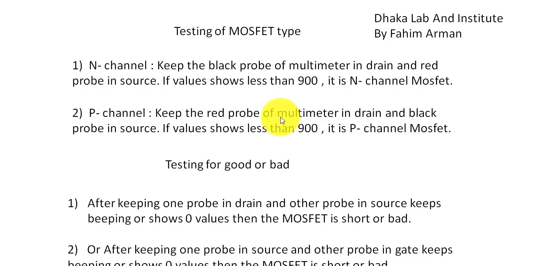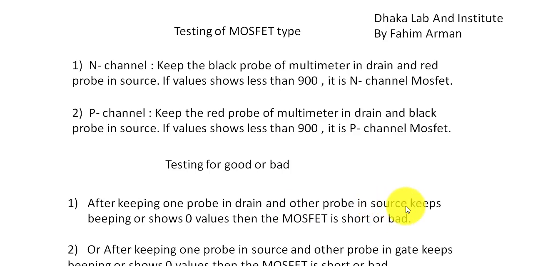Okay, so now we will see how to test whether a MOSFET is good or bad. For testing, you have to keep one probe on drain and the other probe on source.